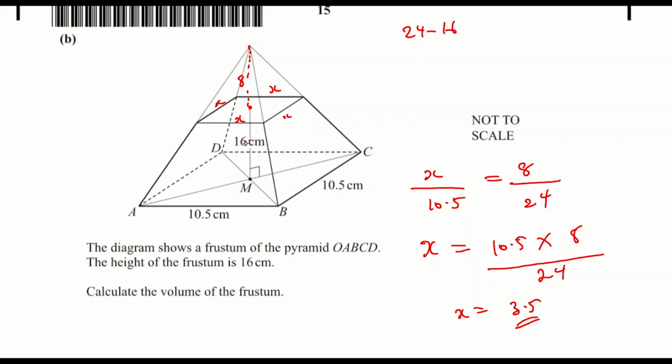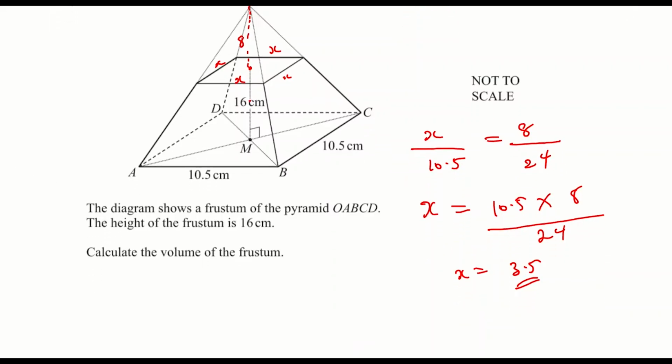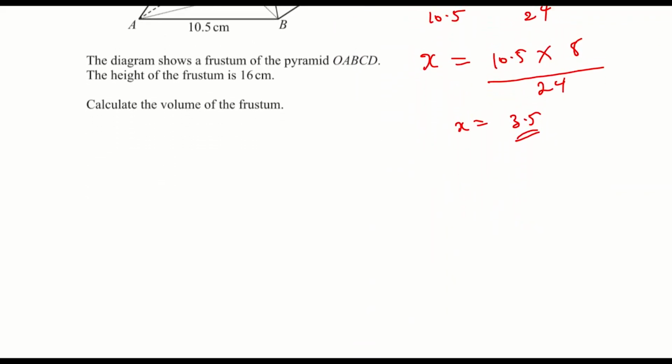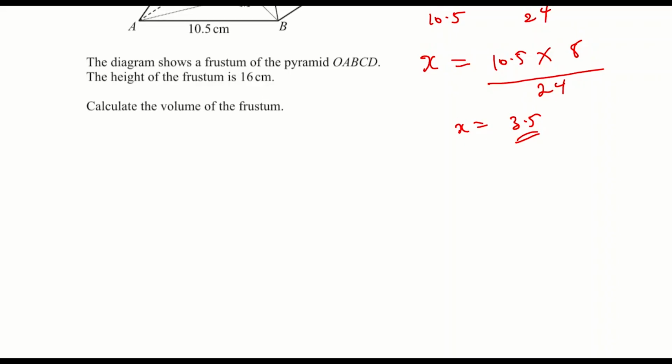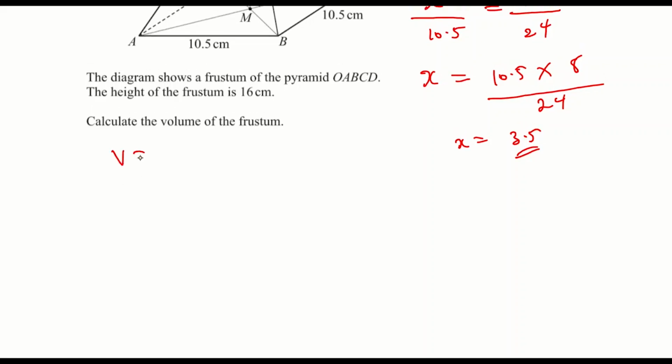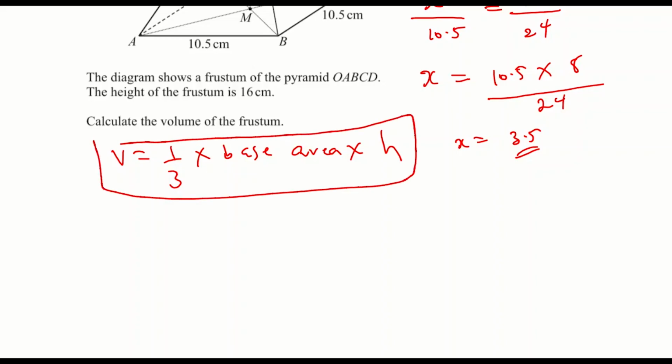The volume of any pyramid is 1/3 multiplied by the base area, multiplied by the height.